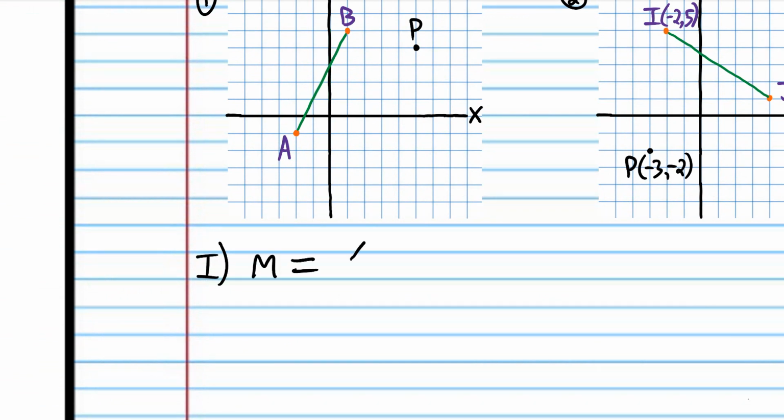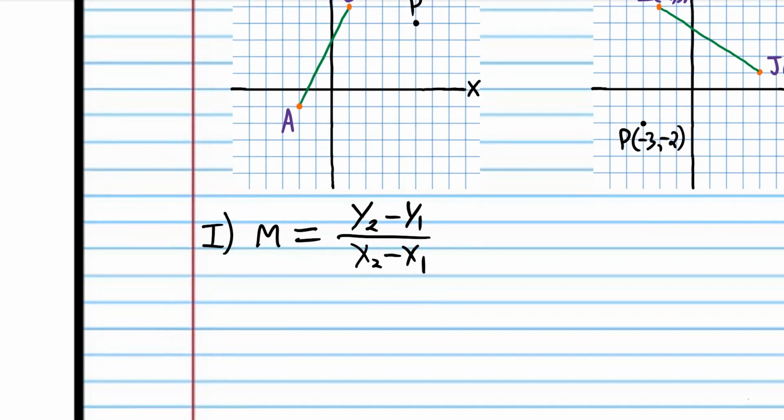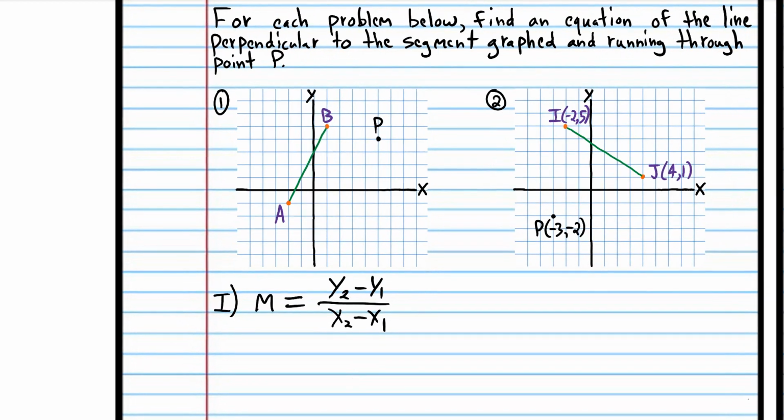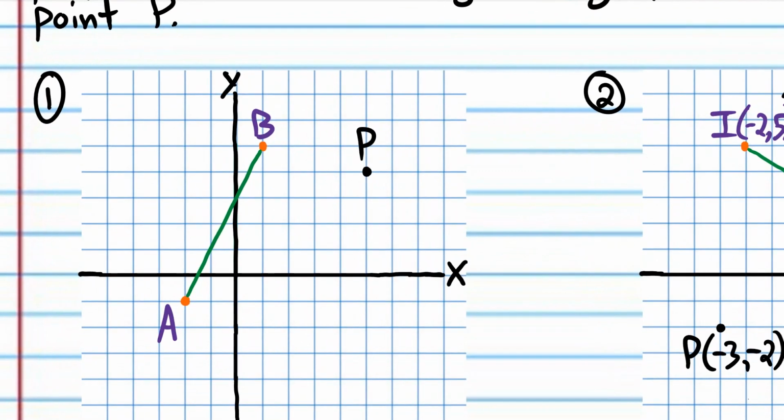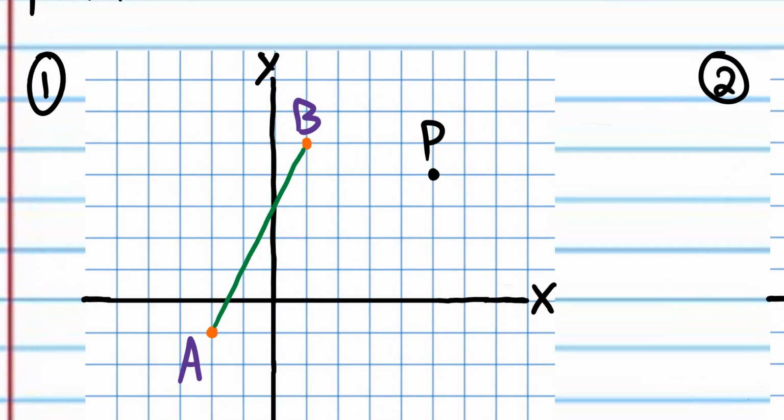So we're going to use the slope equation. In case you forgot, that's the general slope equation. And then we're going to find the slope of segment AB using B as the second point. And by the way, we should go ahead and write these coordinates.